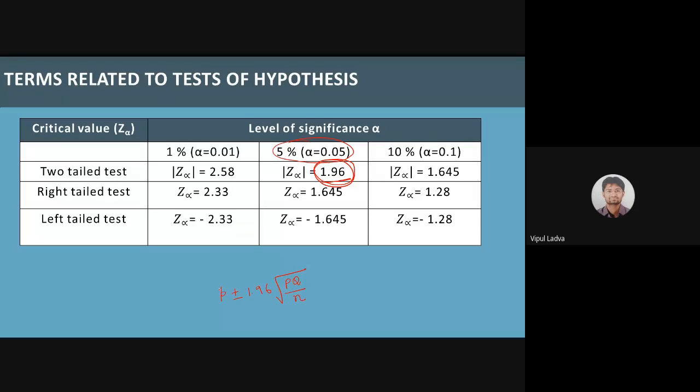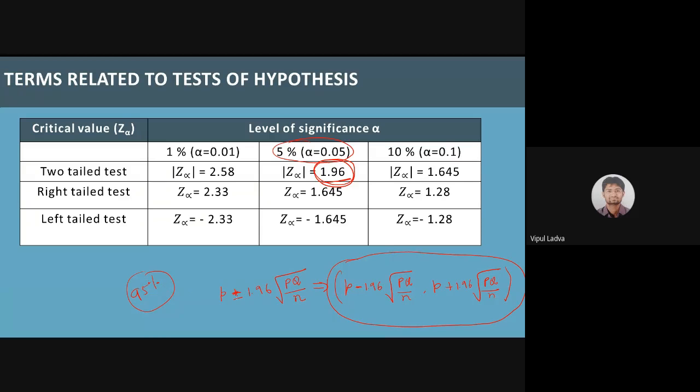Now, as I said, these are the confidence limits, that means we find one point on the right hand side and one point on the left hand side. If I wish to represent that in the interval, how can we write it? We can write it as p minus 1.96 under root of PQ divided by N, comma, small p plus 1.96 under root of P into Q divided by N. So this interval is my 95% confidence interval in this particular test, which is the single proportion test.